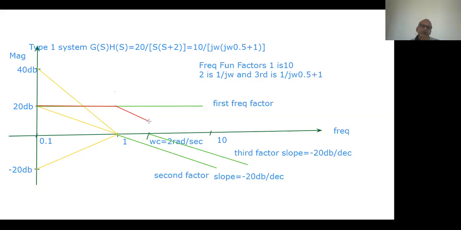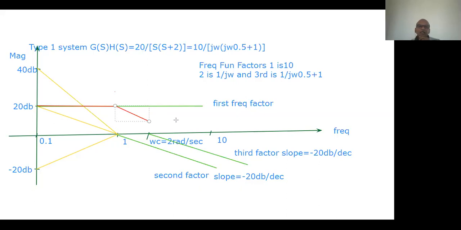If you see, this is the second corner frequency. It means they intersect. This is the 0, this is the minus 20, that is K divided by j omega. Draw a line.